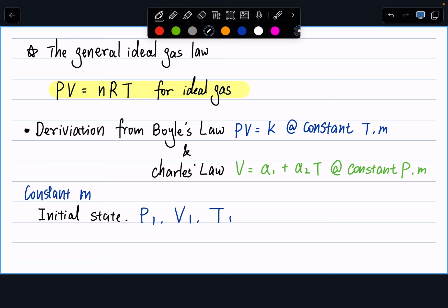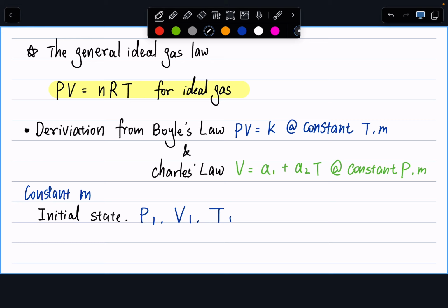And then plugging this VA into our second equation here, we get V2 over T2 equals P1 V1 over P2 T1. That's just plugging in the numbers, nothing fancy.